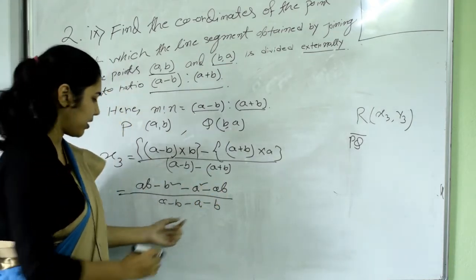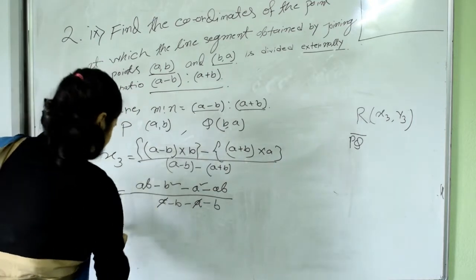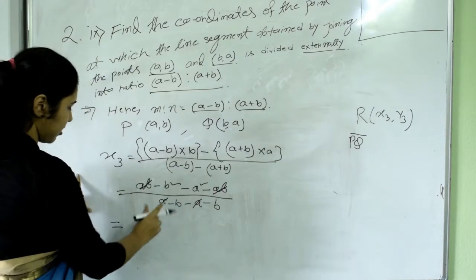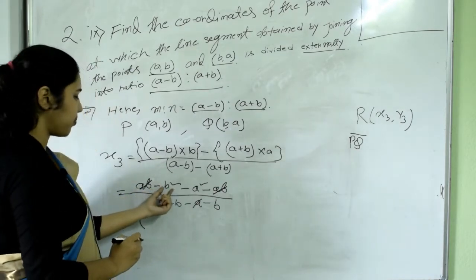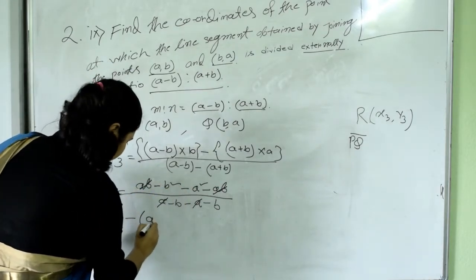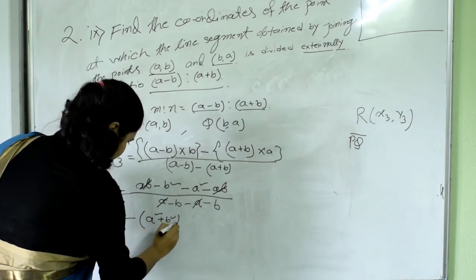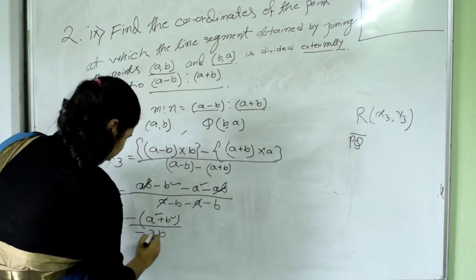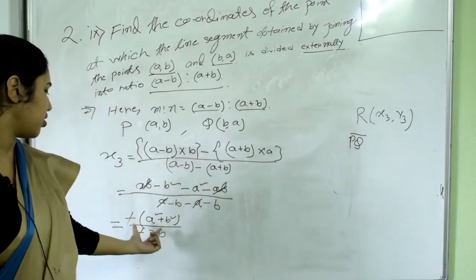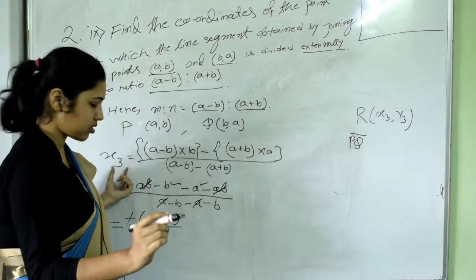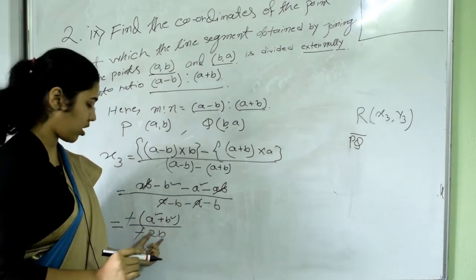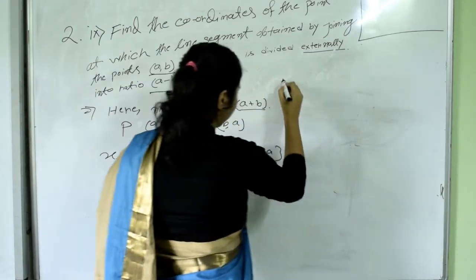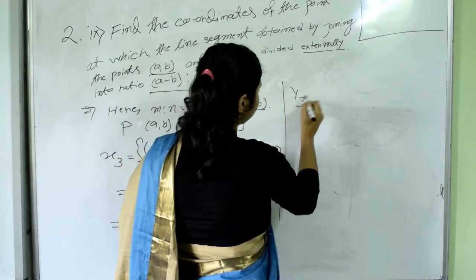Now a minus a cancels, here plus ab minus ab again cancels. Now take minus common from b square and a square. So we get here a square plus b square by minus 2b. So cancel minus minus, then we get the value of x3 as (a square plus b square) by 2b. Next we have to calculate the value of y3.